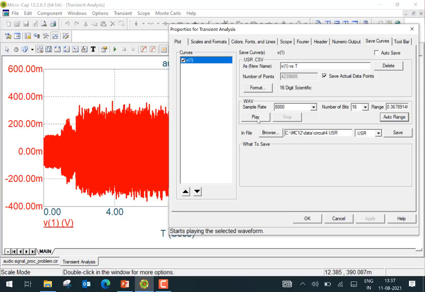sounds, and then when you filter it, you can see whether the effects of the corruption have been removed or not, whether that 1 kilohertz sinusoid has been removed.